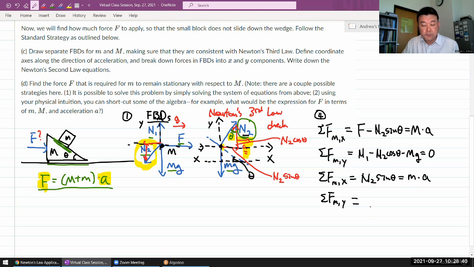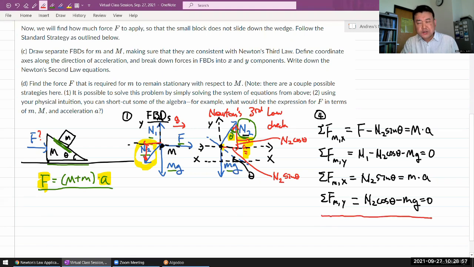And then we have y components of forces again, n2 cosine theta minus mg is equal to 0. So this is what I call the end of a standard strategy. Again, standard strategy doesn't answer the question for you, but it hopefully leaves you at a place where you have enough information to answer the question in a few more steps, just going through the algebra.